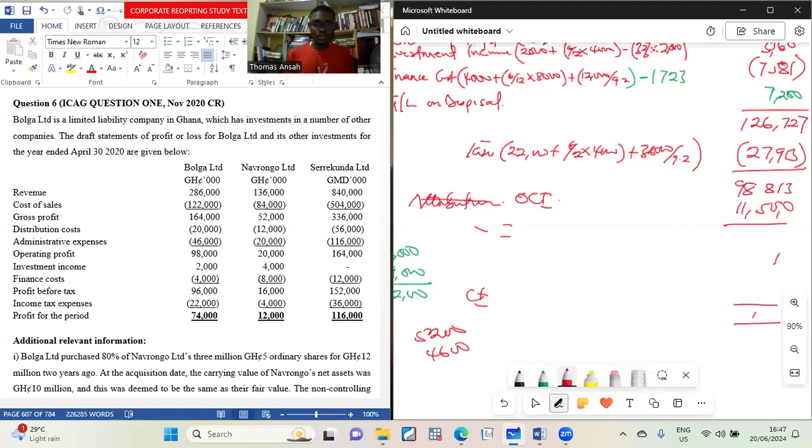And also, the figure that is here is going to be 9,800, right? So 9,800 for the NCI. So minus 9,800, then you know your CI people will be 100,513. So in all, it balances in 110,313.